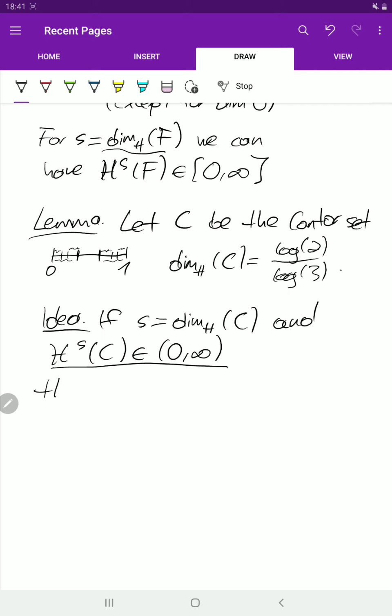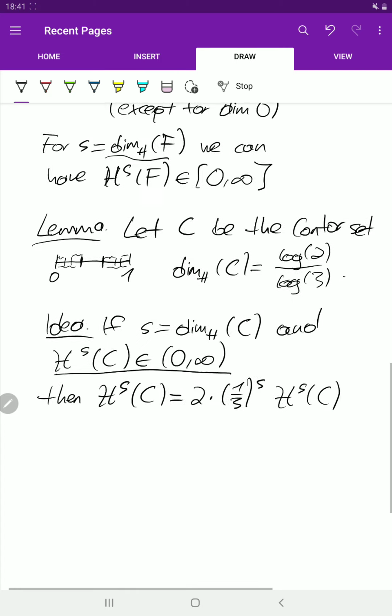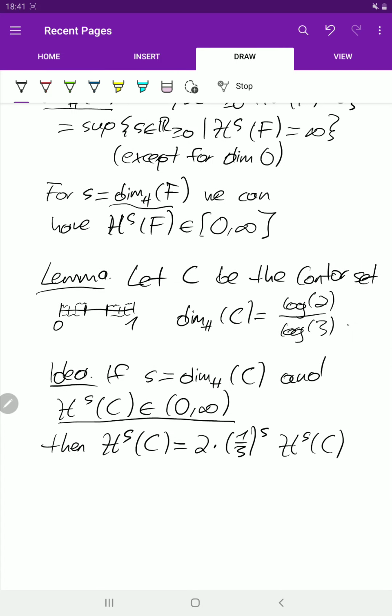And now we go on. So what is the Hausdorff measure? And now we use a scaling property. You can try to prove this on your own, but let me also motivate it later a little bit. So here I say we have the Cantor set, and then instead of looking at the Cantor set, we look at the union of this.